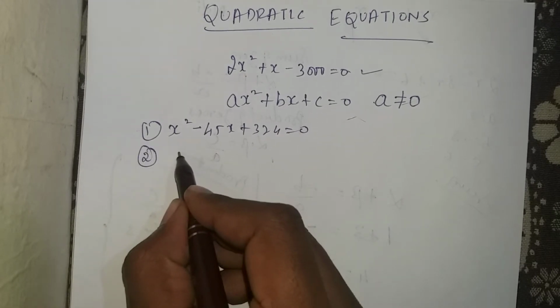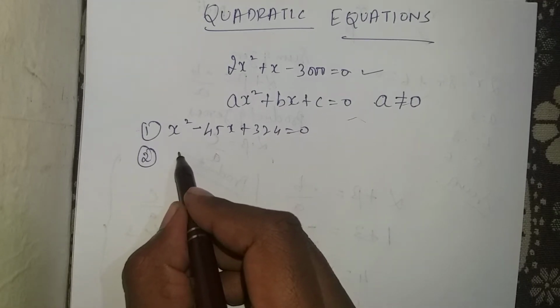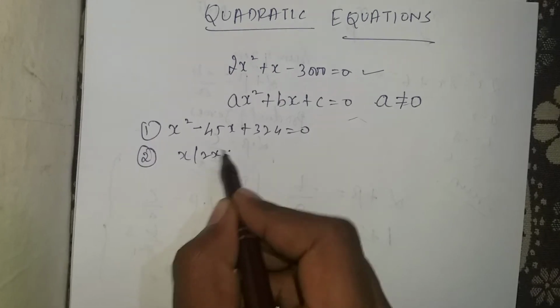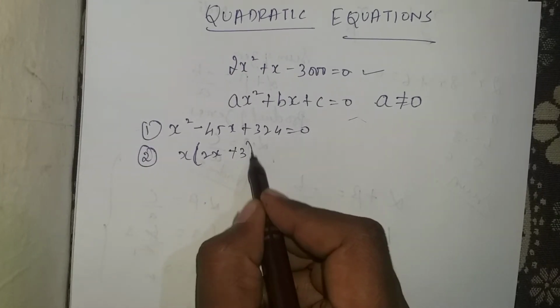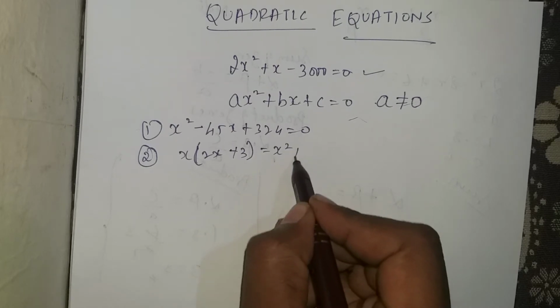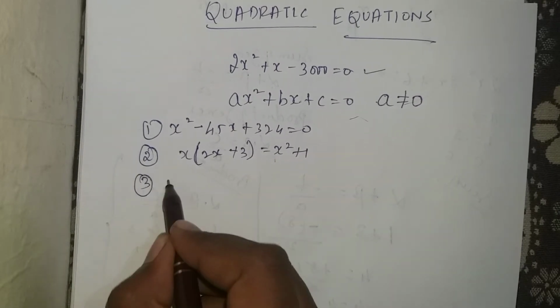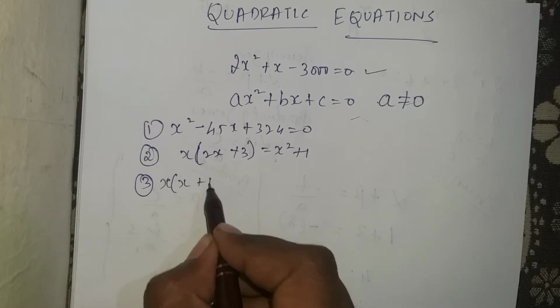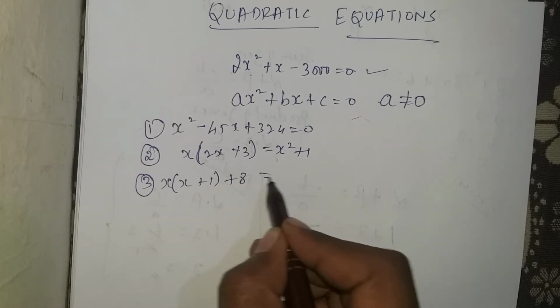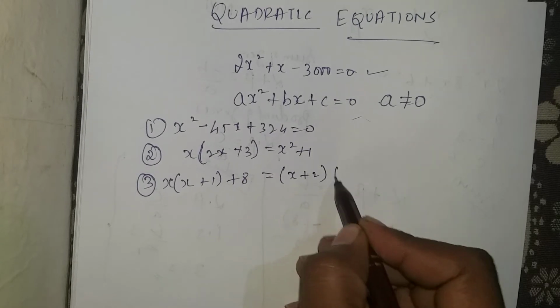The second question is 2 bracket 2x plus 3 close the bracket is equal to x square plus 1. You need to check whether these are quadratic equations or not.